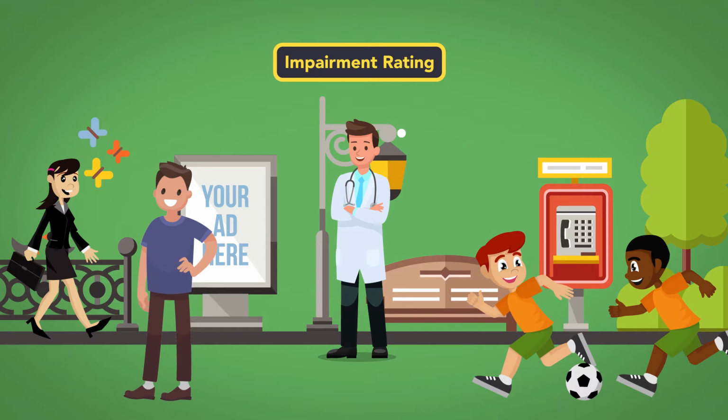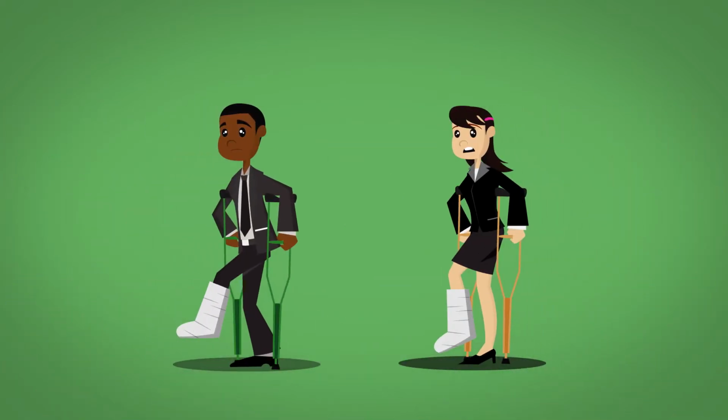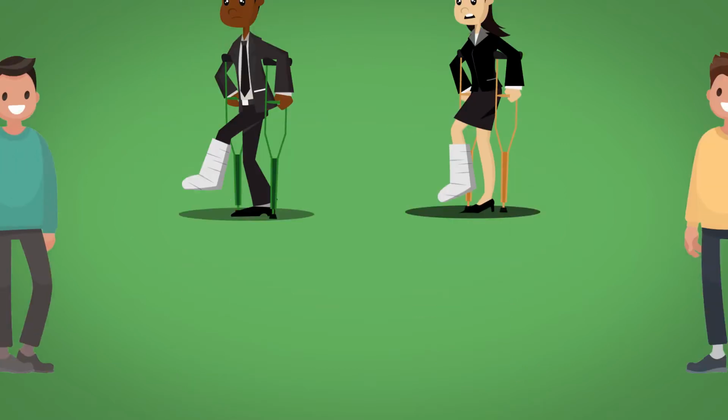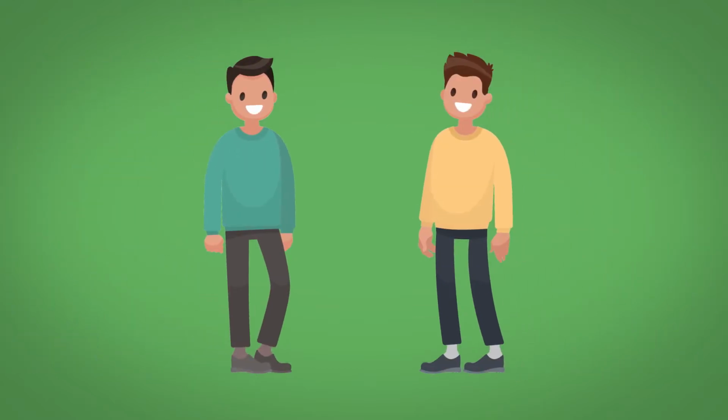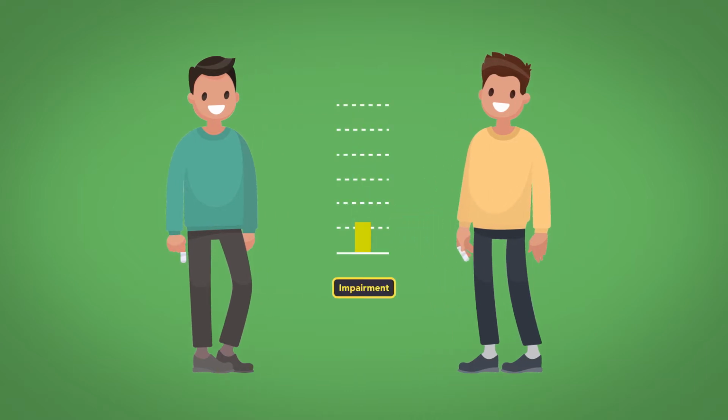This is demonstrated in situations where two people could have the exact same injury and impairment rating, but have very different levels of disability and therefore disability ratings. For example, suppose two people incur identical injuries to the index finger on their right hand, resulting in only slight impairment as to activities of daily living. They would be assigned relatively small impairment ratings.